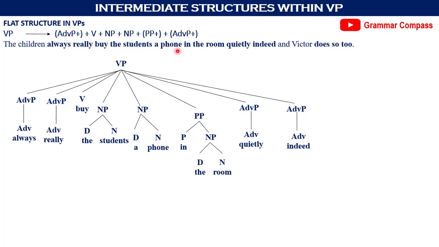If we can do the replacement test, then it means that this verb phrase also contains intermediate structures. If the replacement test doesn't work here, then it means that our X-bar hypothesis is wrong. So we are going to see whether we can apply the replacement test on the VP as well. We cannot apply the "one" replacement test.